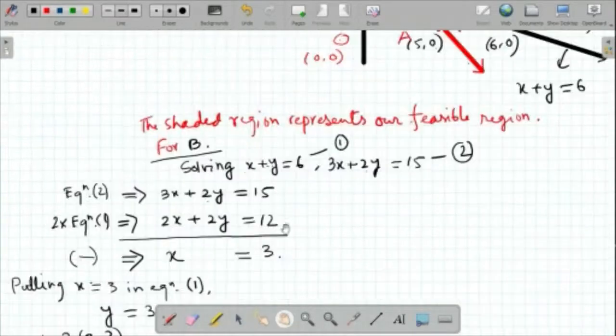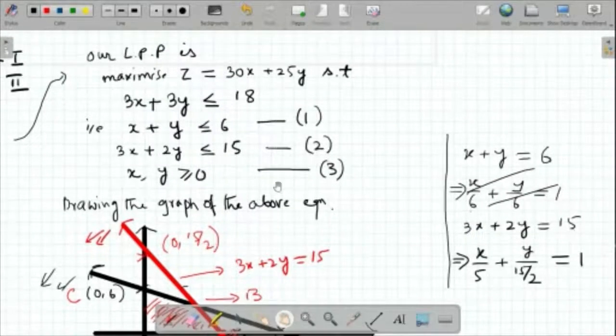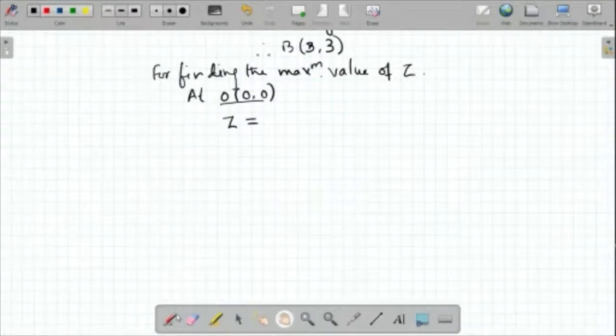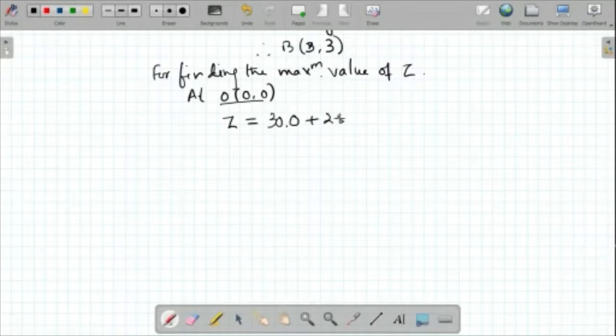Let's see. Our z was 30x plus 25y. What is x? 0. Y is 0, so that will be 0.